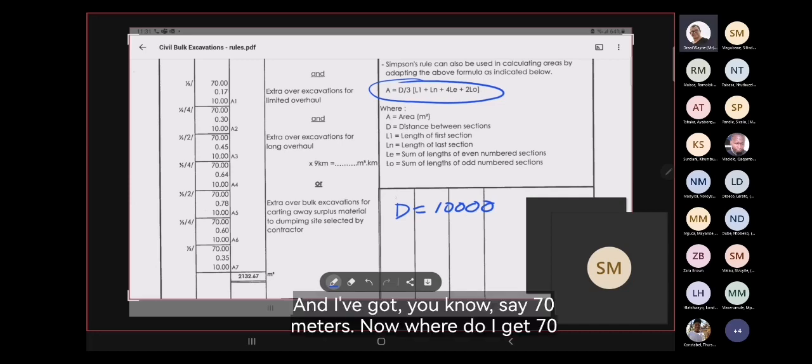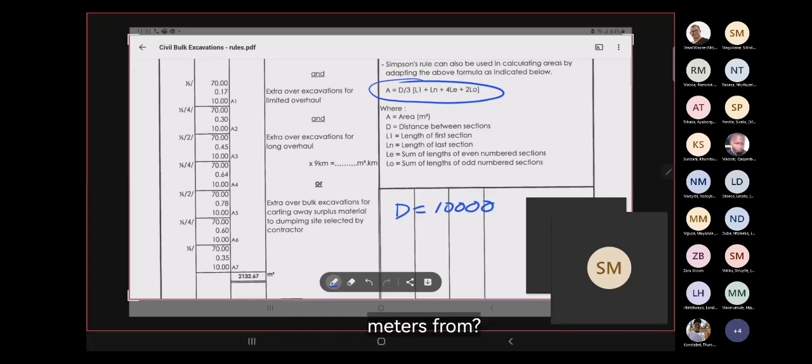And I'll go in and say 70 meters. Now, where do I get 70 meters from? Where do I get the 70 meters that I claim over here? If I have a look at my drawing, anybody want to say something?